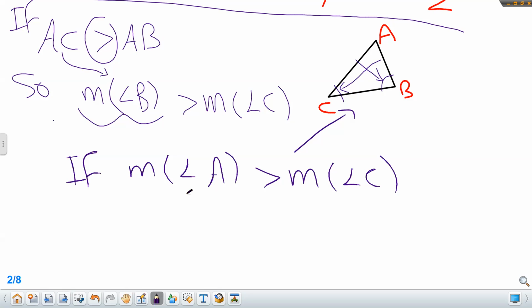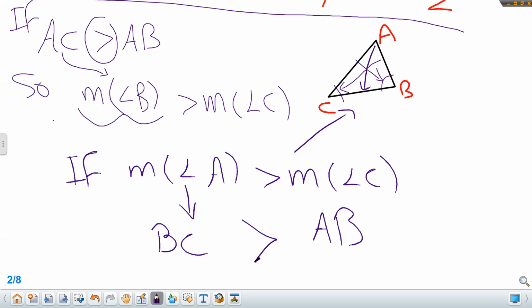But ask yourself, what is the side opposite to angle A? Yes, good, BC. And what is the side opposite to angle C? Yes, AB. Then if angle A is bigger than angle C, we can say BC is bigger than AB. So if two angles are unequal, then the bigger angle is opposite to the bigger side in the triangle.